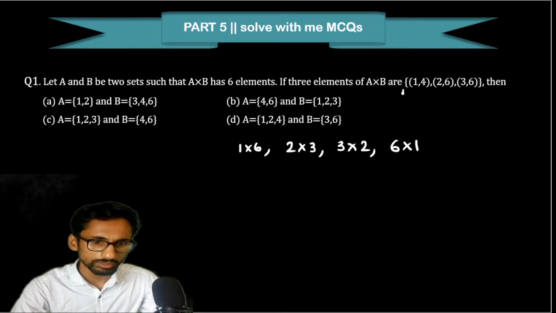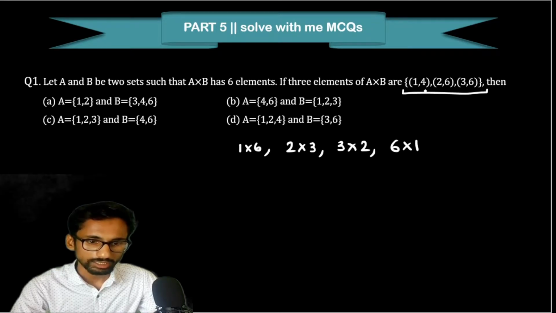The second part of the question says that the 3 elements out of 6 are (1, 4), (2, 6) and (3, 6). So just focus on the first elements, that is 1, 2 and 3.